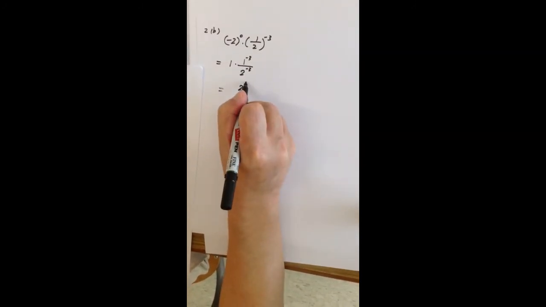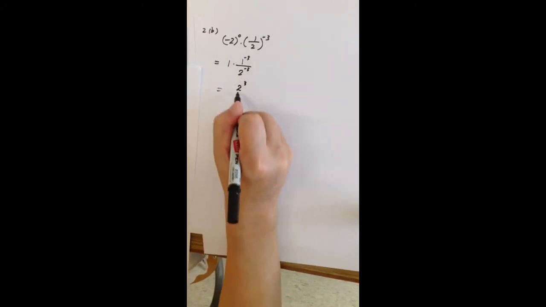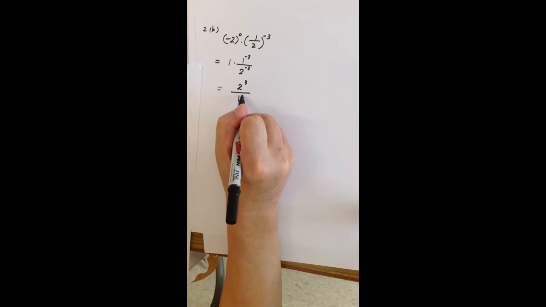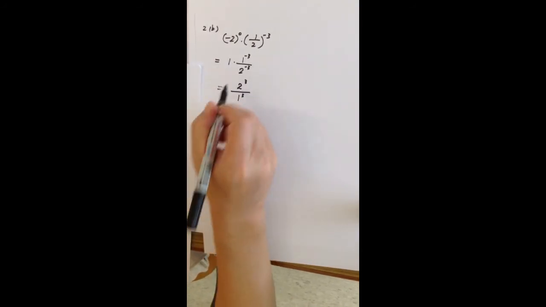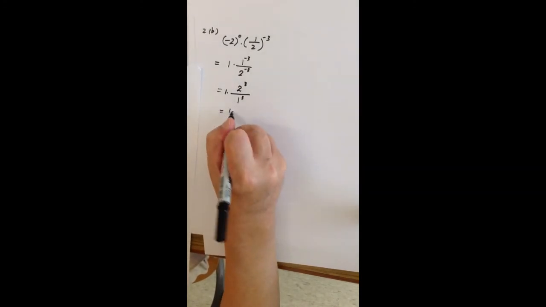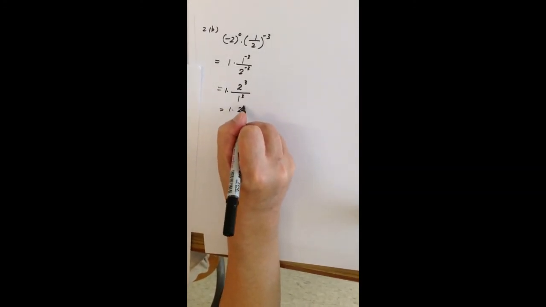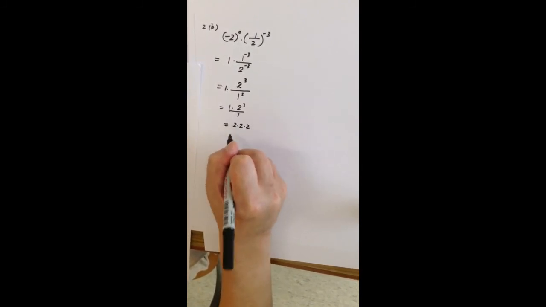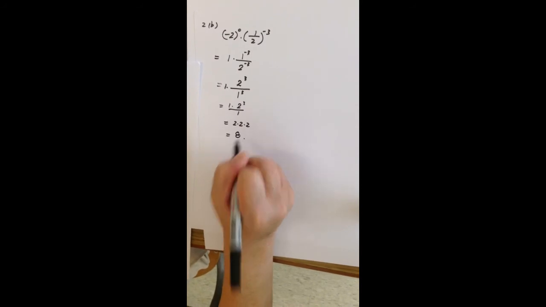It is equal to 2 to the power 3. 1 to the power negative 3, put it back into the denominator, 1 to the power 3. How about this? Just copy the number 1. So the answer is 1 times 2 to the power 3 over 1, and then 2 to the power 3 means 2 times 2 times 2, which is equal to 8.